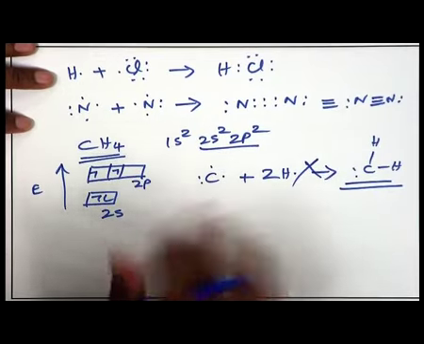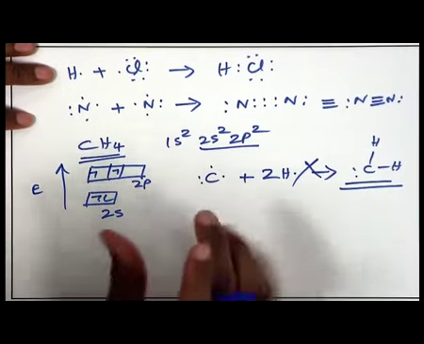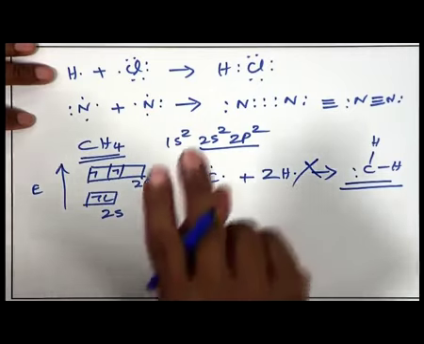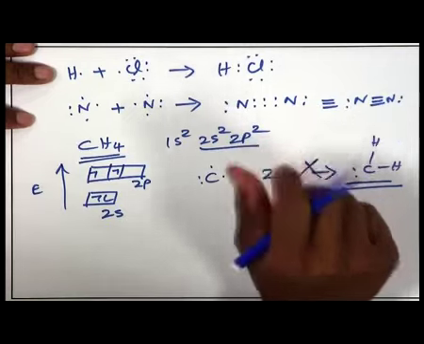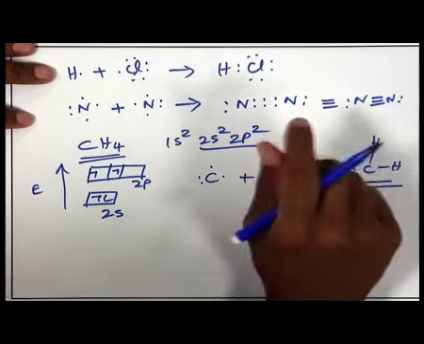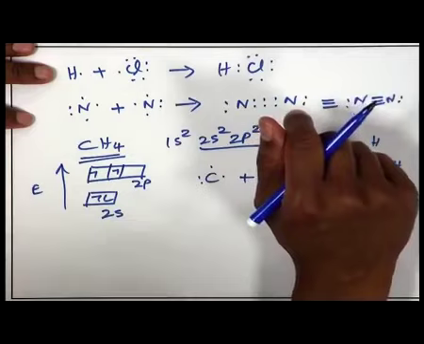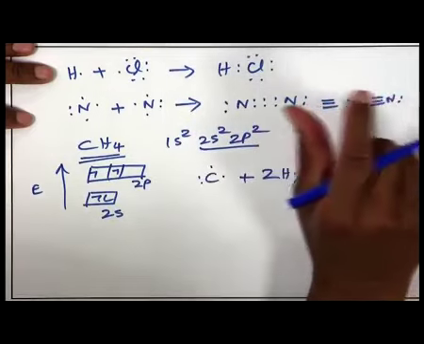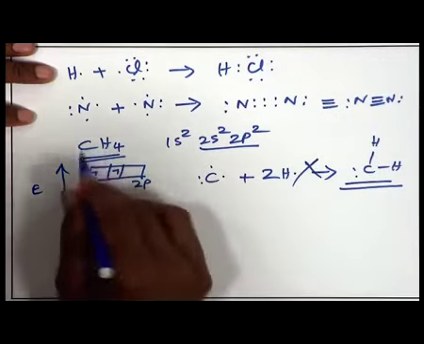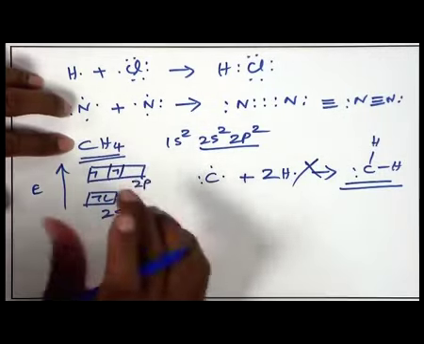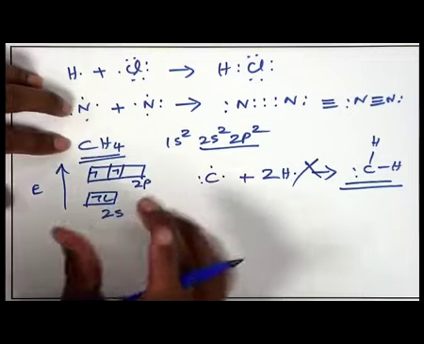Why do we need 4 unpaired electrons? Because a pair of electrons is needed to form a bond. One atom gives 1 electron, another atom gives another electron, so a pair is formed between the 2 atoms and a bond is formed. So, carbon has to have 4 unpaired electrons to have 4 bonds.